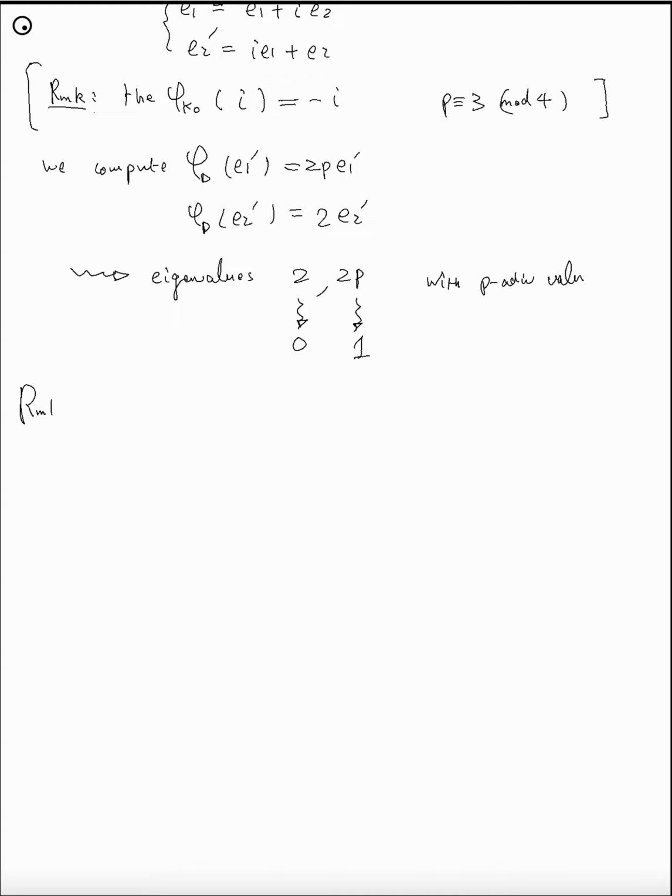Here is another remark. The map from W(F_p bar) multiplicative group to itself, mapping an element to Frobenius quotient by itself, is surjective. Actually, this is a general fact.